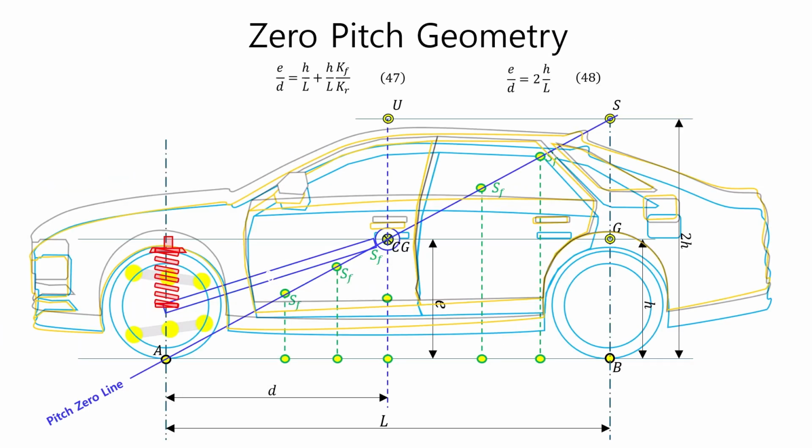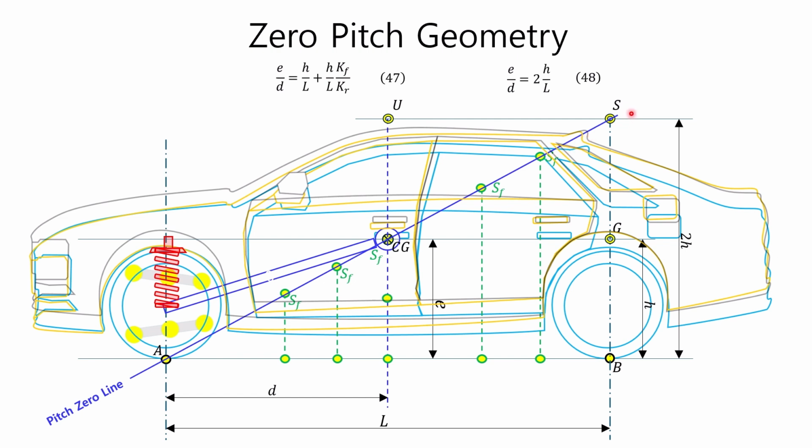Let's examine the geometry required to make the pitch angle zero using a figure. Based on the condition expressed by equation 47, derived earlier, the geometry required to make the pitch angle zero can be represented as shown in this figure.